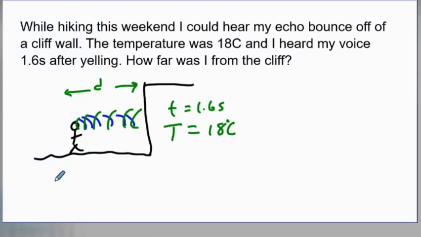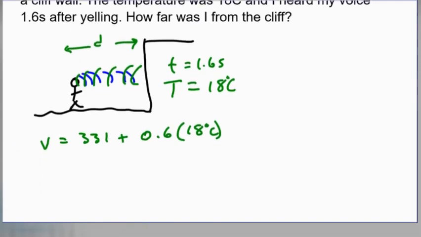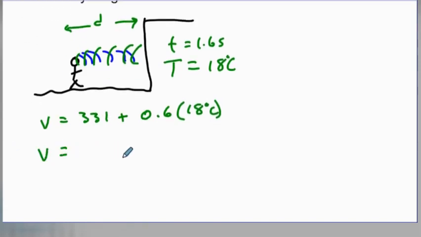So the first thing I'm going to do is use my speed of sound, 331 plus 0.6 times the temperature. So I can see that the speed of sound on that day would be 331 plus 0.6 times 18, so 341.8 meters per second is the speed of sound.